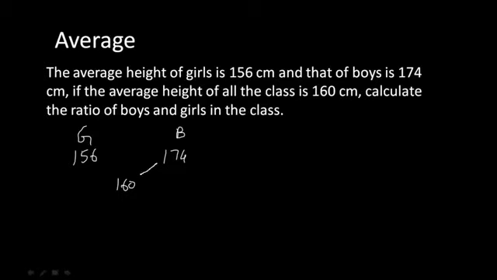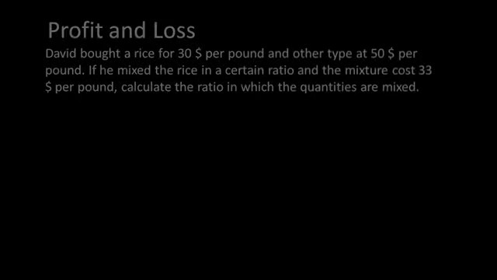So what is the ratio? 174 minus 160 will give you this, and this minus this will give you this. So it's 14:4 or 7:2. That's the ratio of girls and boys in the class. Isn't it easy, guys? It is so easy. You don't have to deal with X and anything like that. Alright, let's see what else it applies to.